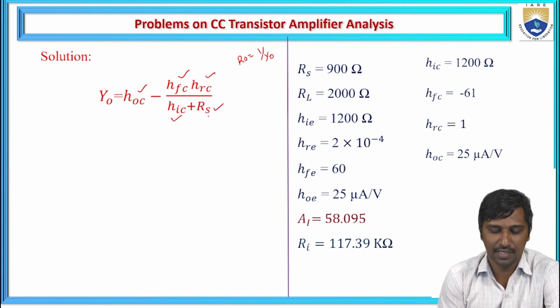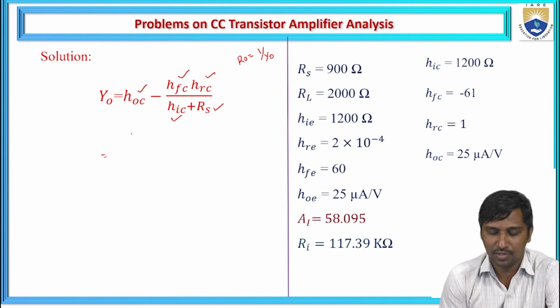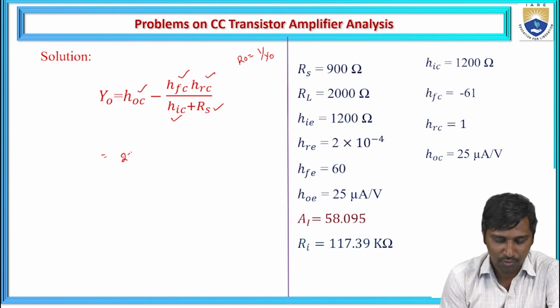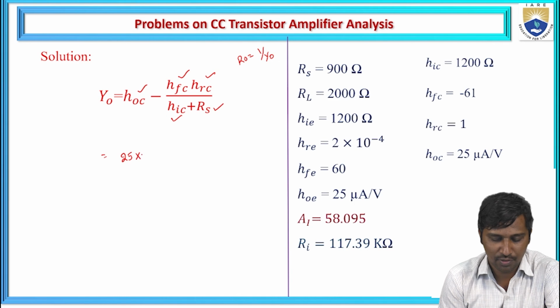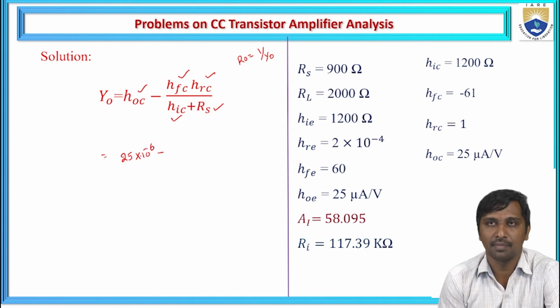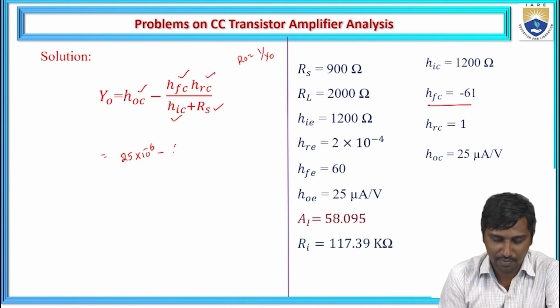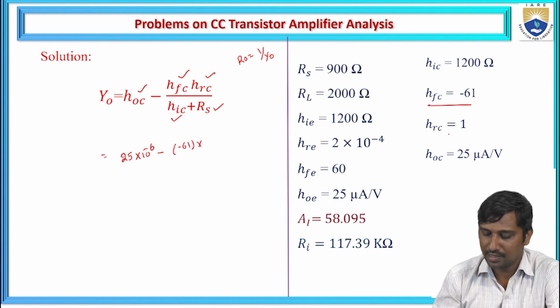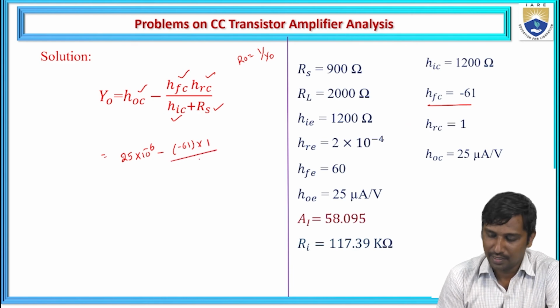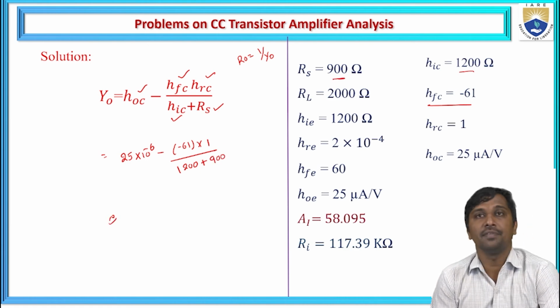RS is the given specification. Hence, simply substitute these values. HOC is 25 microampere per volt, means 25 into 10 to the power of minus 6, minus HFC, which is minus 61, into HRC which is 1, divided by HIC 1200 ohms plus RS value 900 ohms. Then you can simplify this ratio.